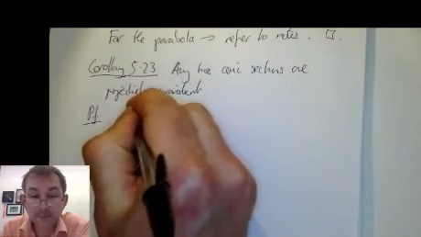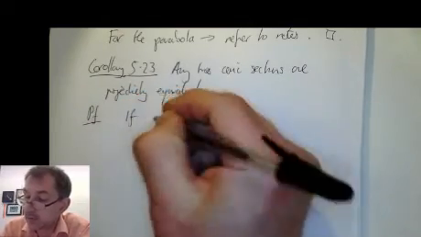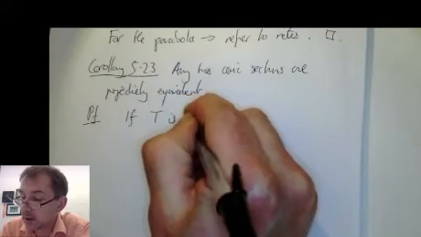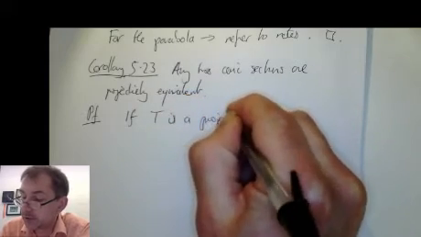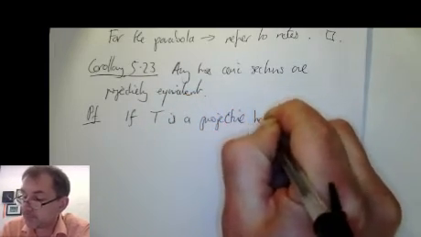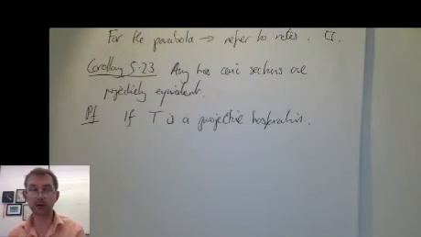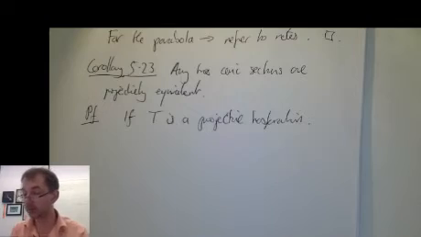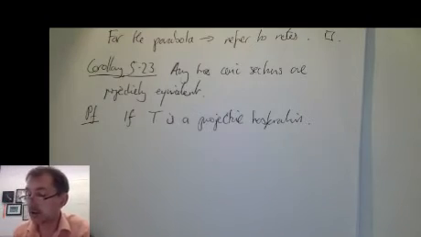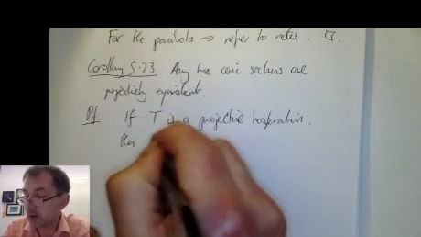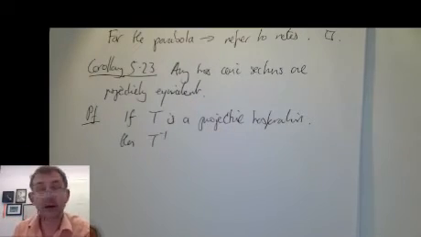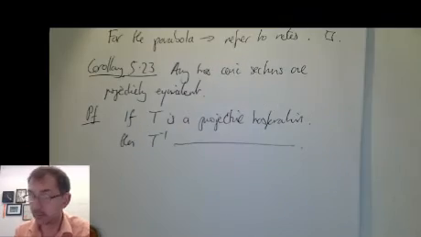If T is a projective transformation, it corresponds to an invertible matrix operating on affine 3-space. So we can find its inverse, and the inverse is also a projective transformation.